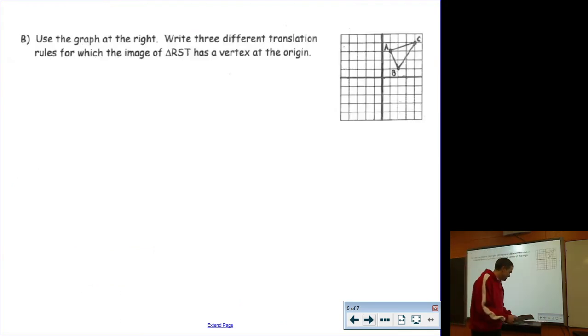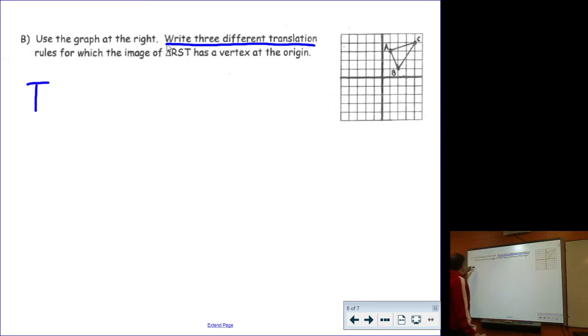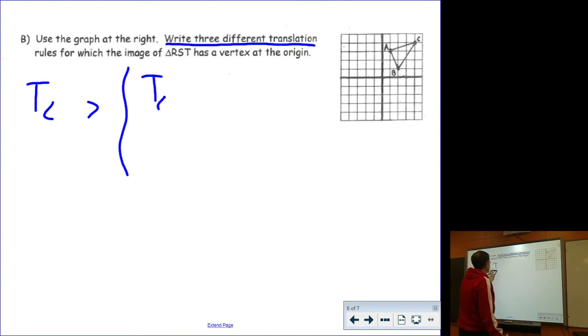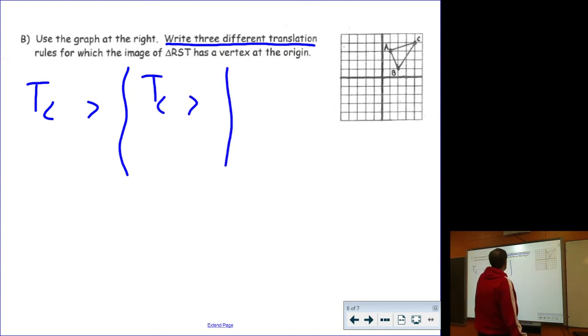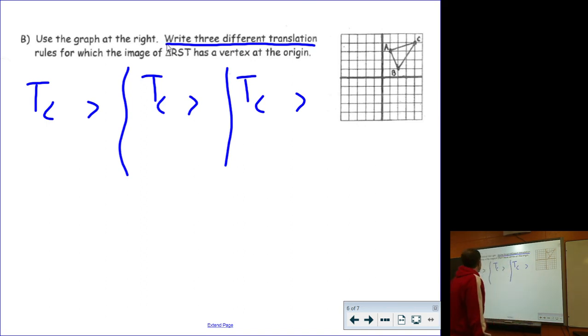I'm not going to spend much time on this. The question here says, use the graph at the right, write 3 different translations. So I'm going to have 3 different translation rules here. And I'm not going to do them all. I think it'll be self-explanatory.